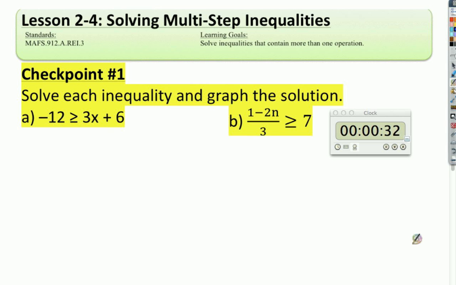Oh yeah. Why do you want minus 2? Why do you do 1 minus 2? I do 1 minus 2.